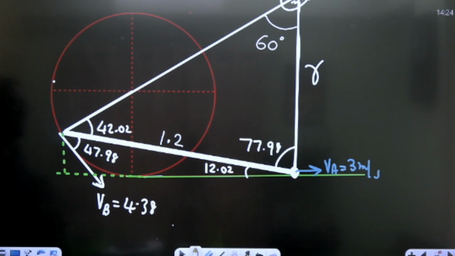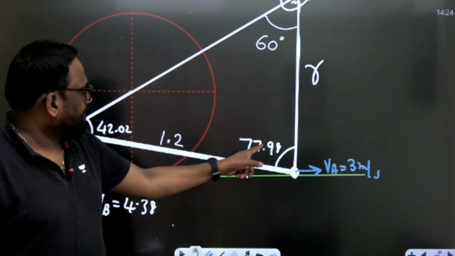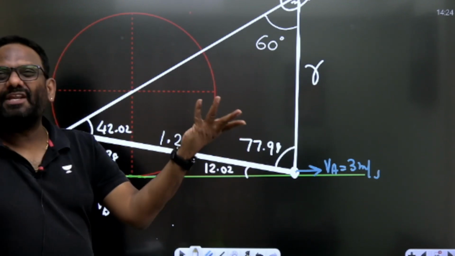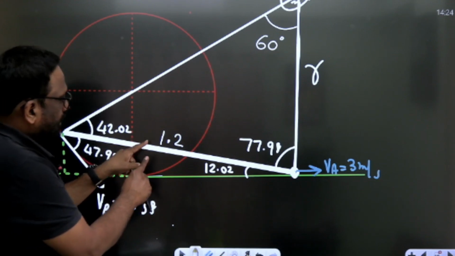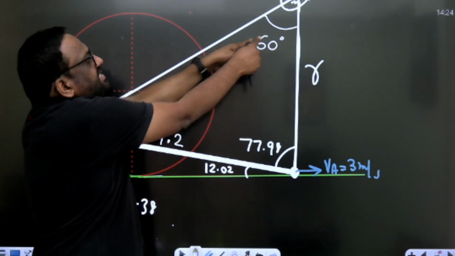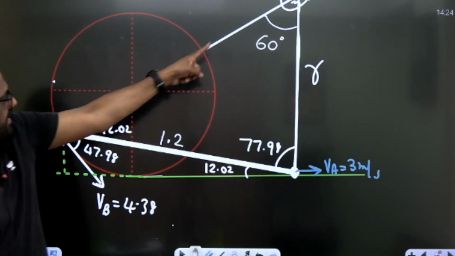Now tell me, can I calculate this length? Whenever three angles are known and one side is known, I can use the sine rule. What is the sine rule? Look, 1.2 by sine 60 is equal to R by sine 42.02.